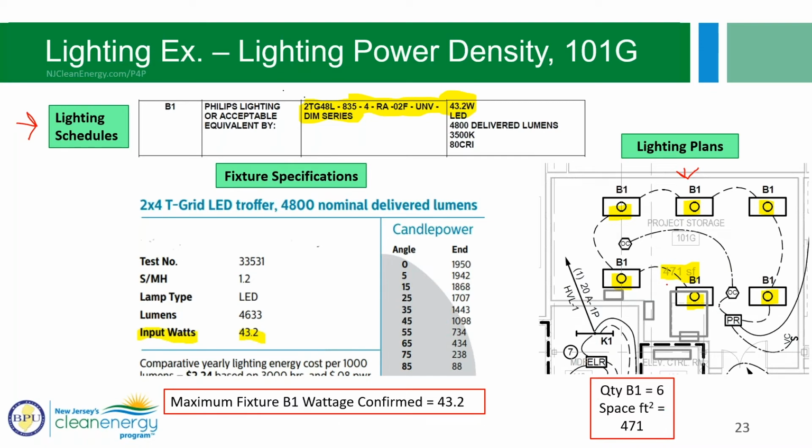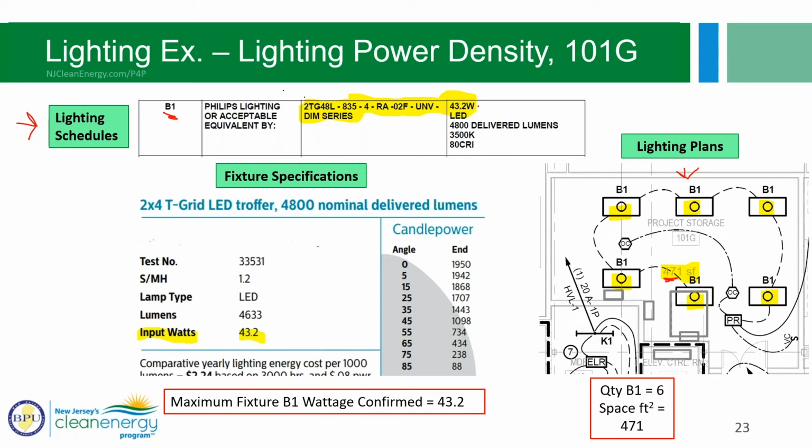And we can see from our lighting plan, because this is a very nice lighting plan, that the space is 471 square feet. So then we go to our lighting schedule and we see, okay, B1 says it's 43.2 watts.